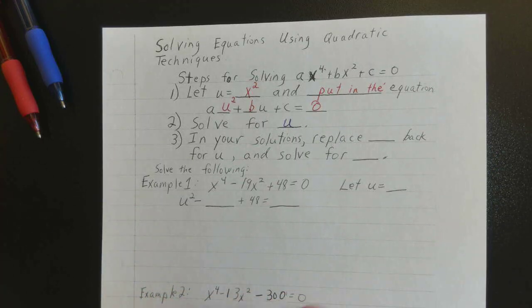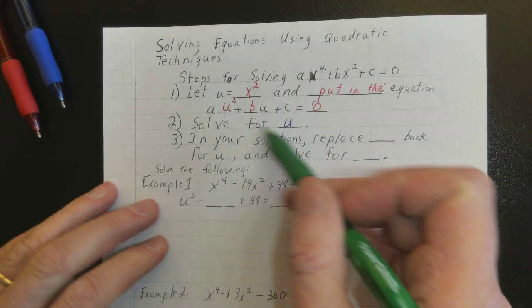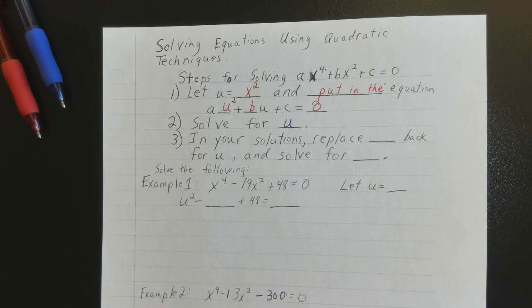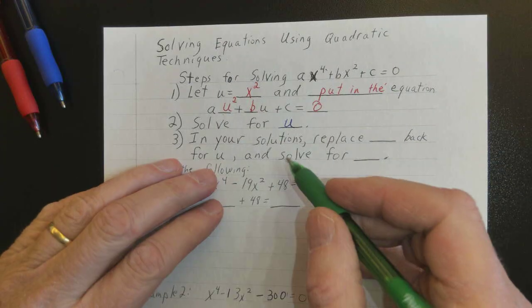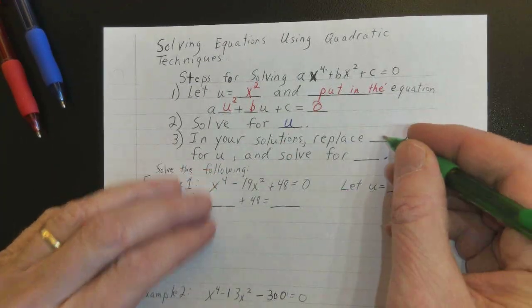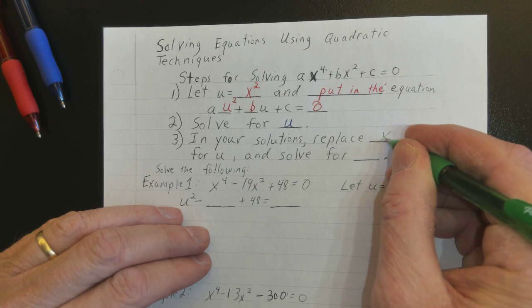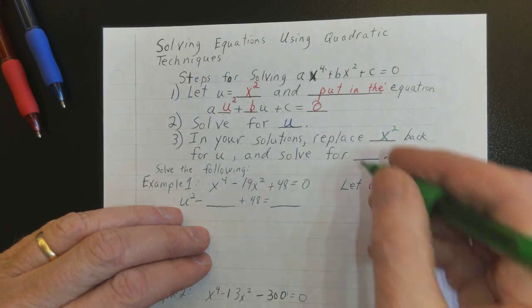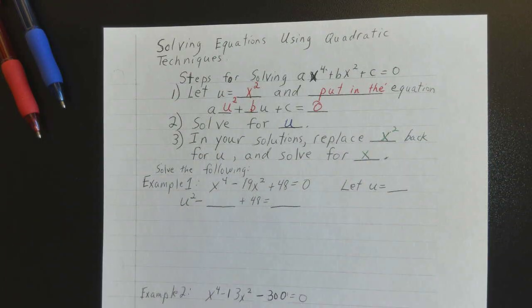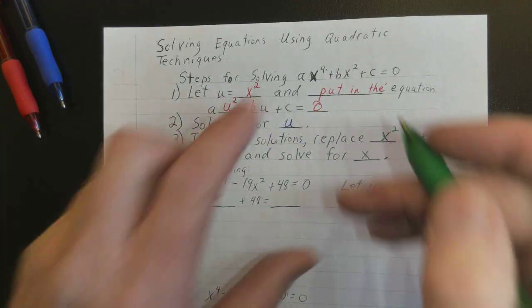Now, in your solutions, after you've solved for u, you've gotten two answers for u equals this and u equals that. In your solutions, replace x squared back for u, and then solve for x. So that's our plan.